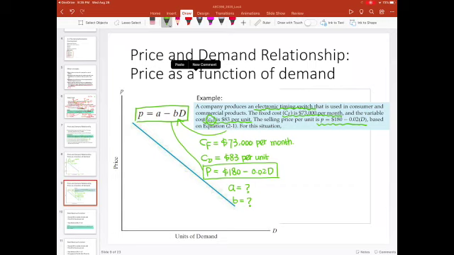P equals A minus BD, and the specific relationship given is P equals 180 minus 0.02D.